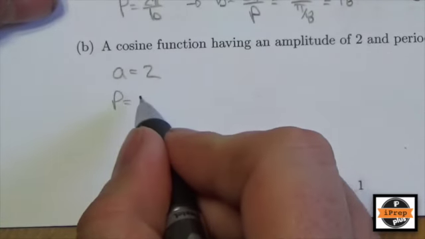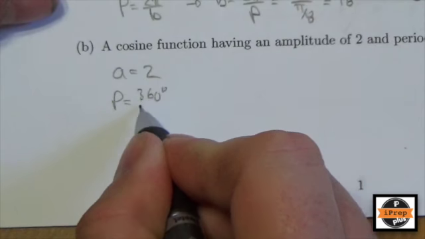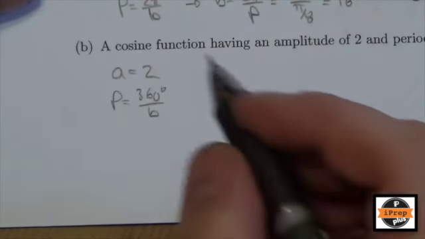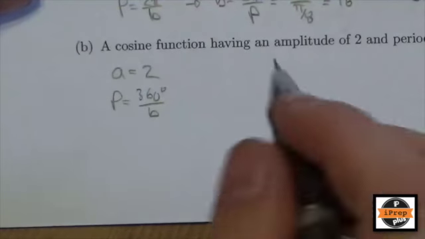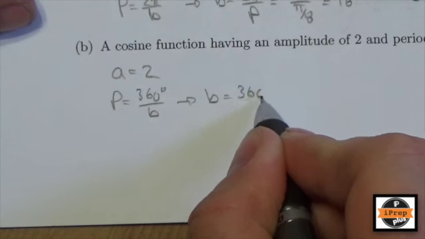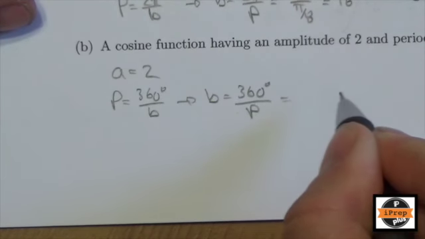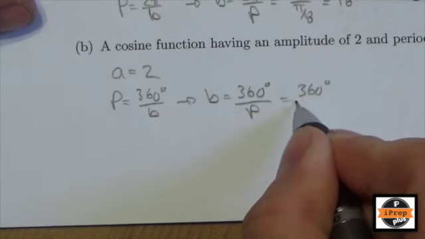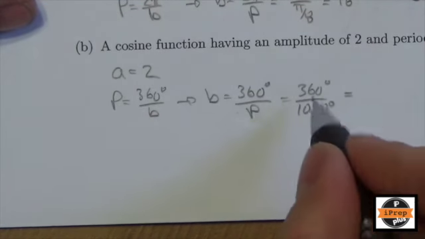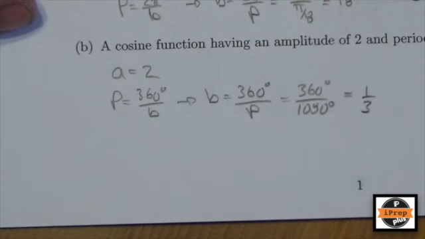So my formula for period would be 360 degrees divided by the b value, because of the nature of that horizontal stretch. And again, because that's true, I can swap those two. Then b is 360 degrees over 1080 degrees, which is my period. When I simplify that, I'll get 1/3.